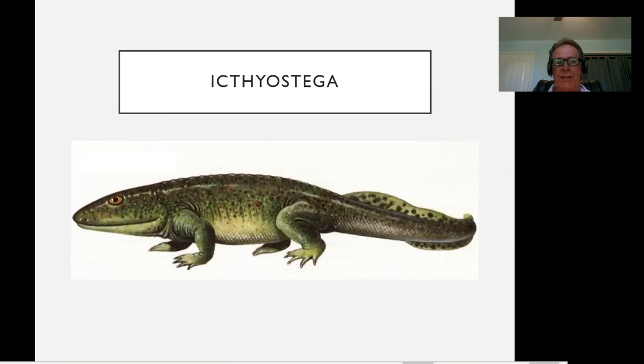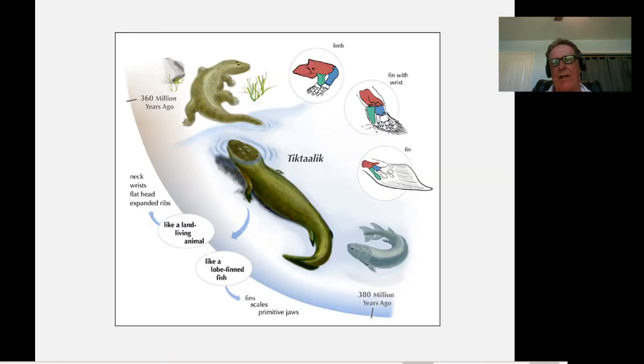And then the first really land-dwelling tetrapod, Acanthostega here, and you can see the fully developed limbs. So that's a major accomplishment in evolution. You can see the timeline, about 380 million years ago to about 360 million years ago.